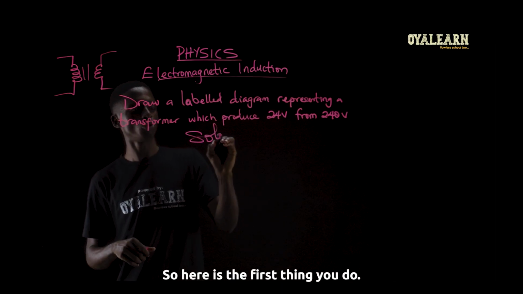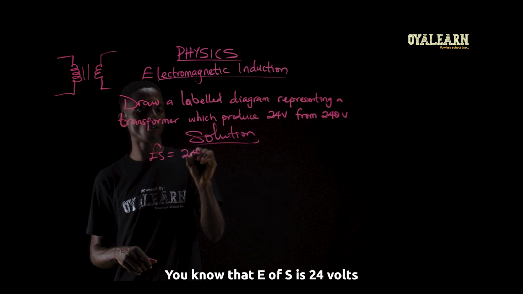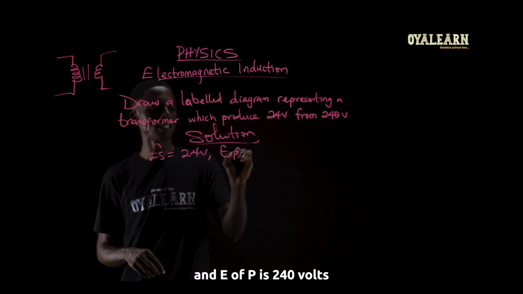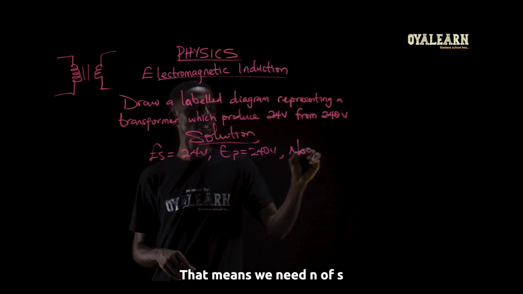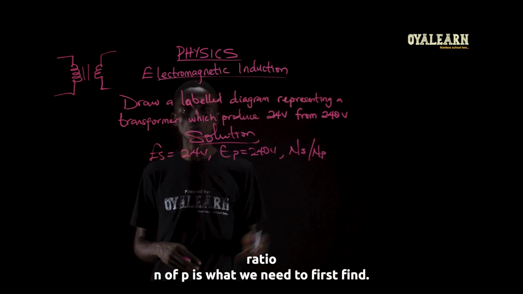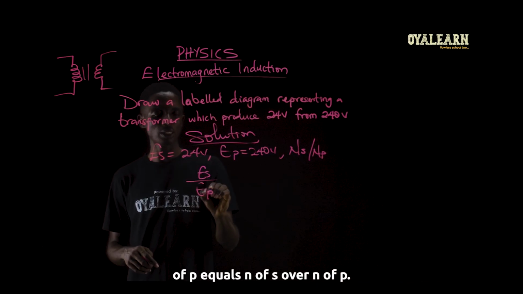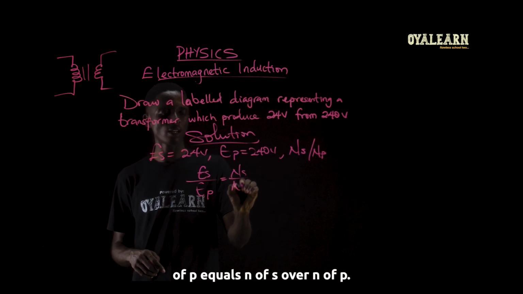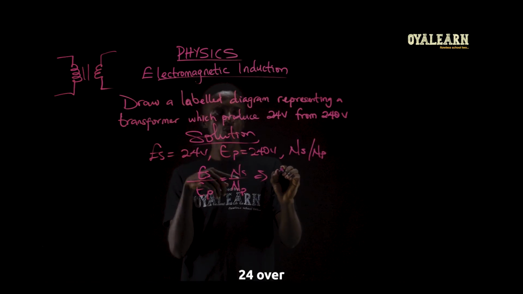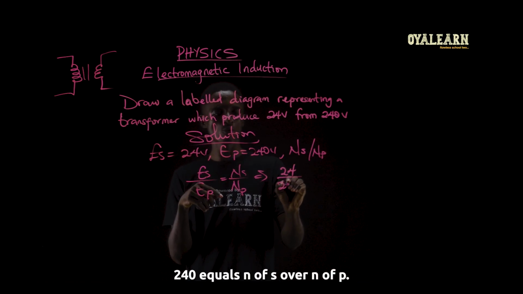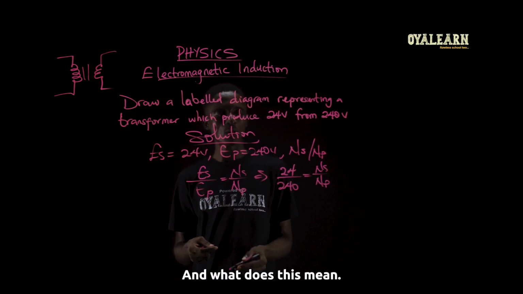So here's the first thing you do. You know that E of S is 24 volts and E of P is 240 volts. That means we need N of S to N of P, which is what we need to first find. So we'll say E of S over E of P equals N of S over N of P. Now what this implies is that we have 24 over 240 equals N of S over N of P. And what does this mean?